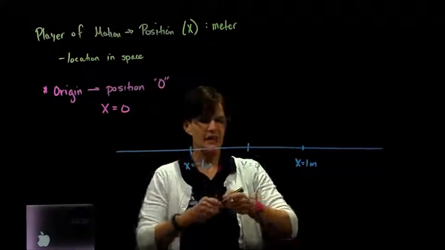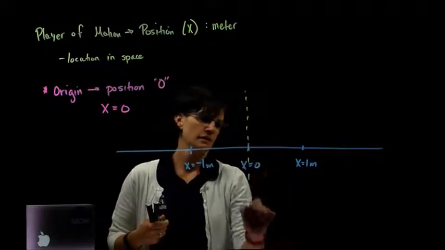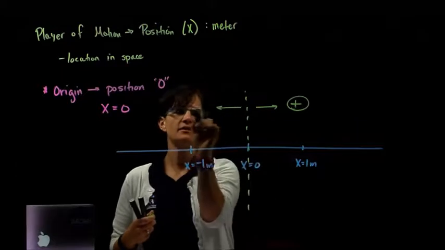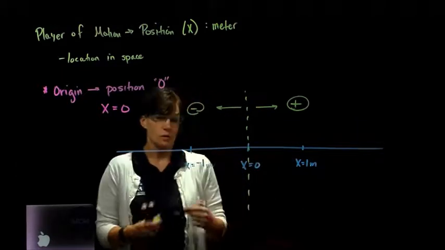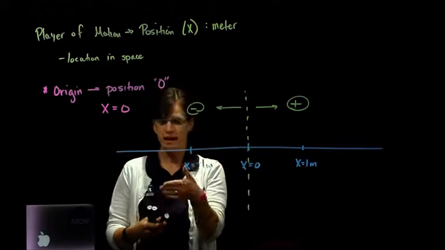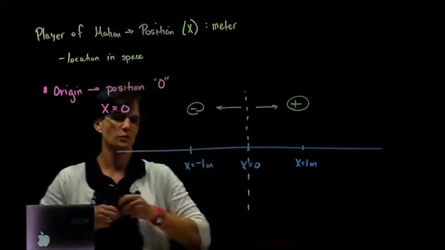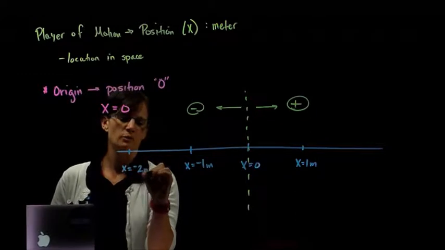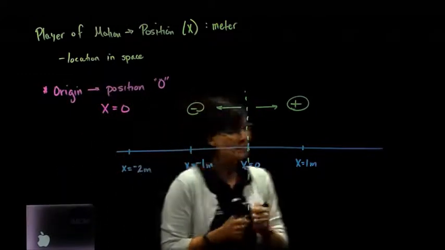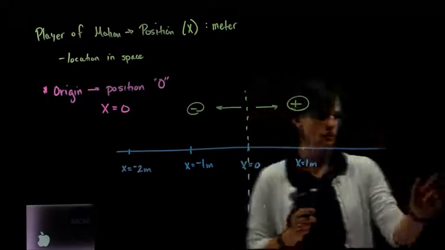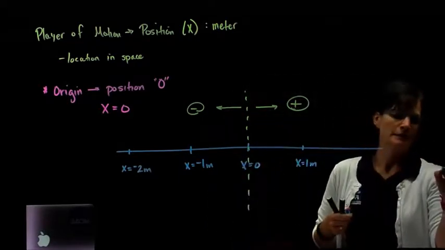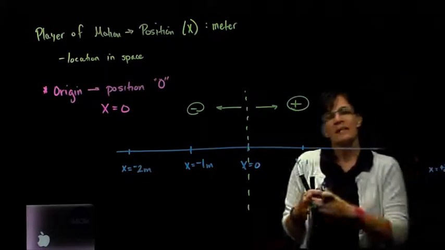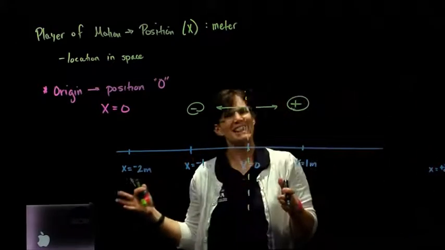Anything to the right is a positive value, and anything to the left is a negative value. So if I am 2 meters to the left of this location, I am at position equal to minus 2 meters. If I'm 3 meters to the right, then I am at positive 3 meters. So anything to the right is positive, anything to the left is negative.